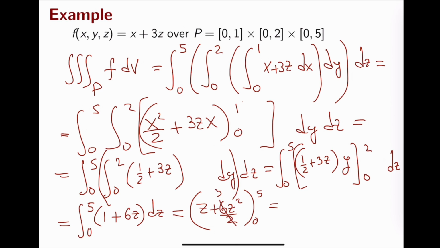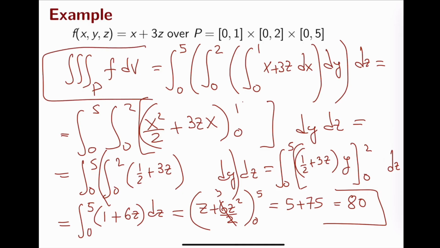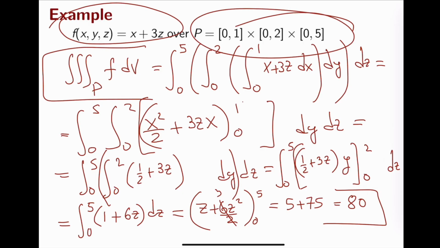Let's substitute z by 5, and so we are going to have 5 plus 3 times 25. The final answer of this is going to be 80 units. So the triple integral of this function over this region is equal to 80 units.